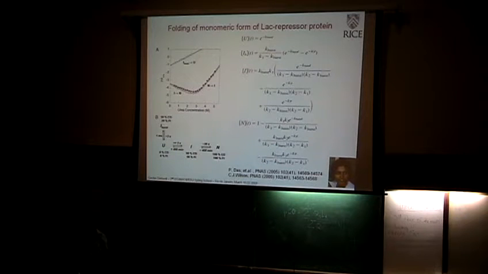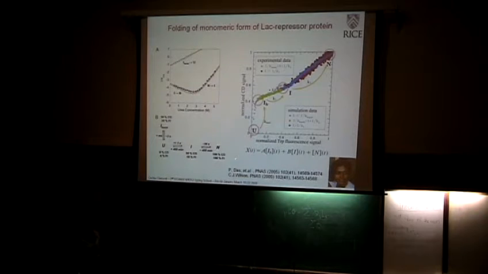Then you can consider the fact that your signal, whatever it is, is going to be a function of these populations with coefficients A and B. A is the amount of signal intrinsic to whatever is going on in this state, and coefficient B is the amount of signal corresponding to the intermediate state.